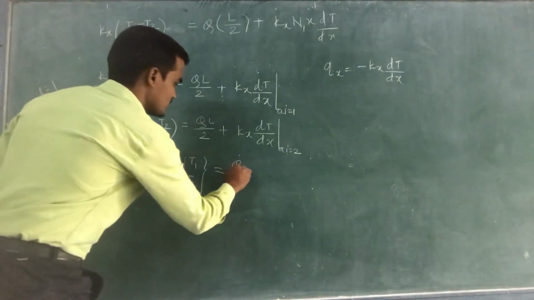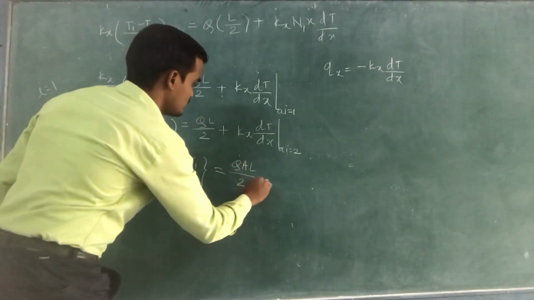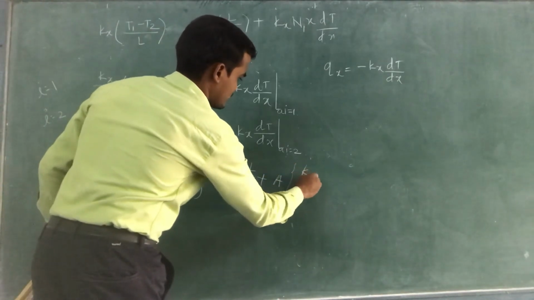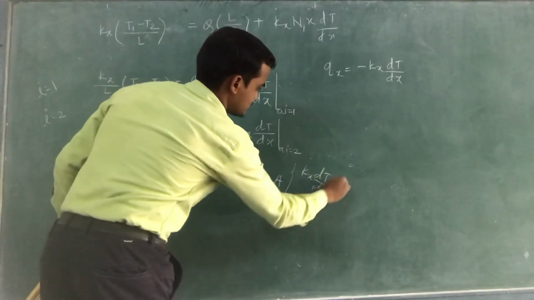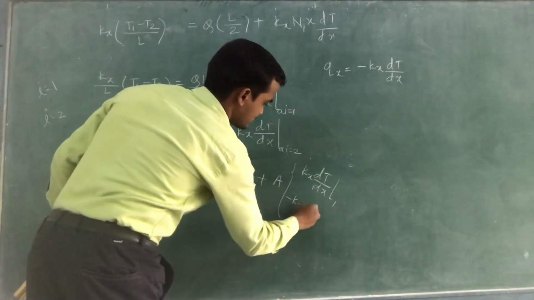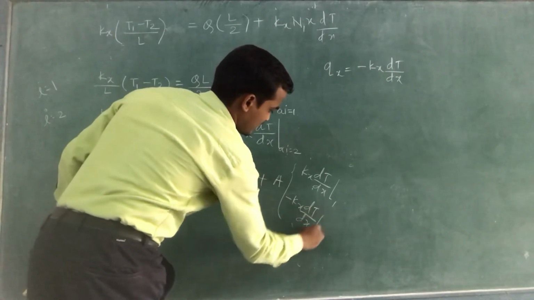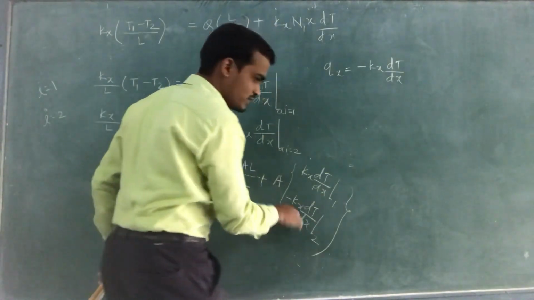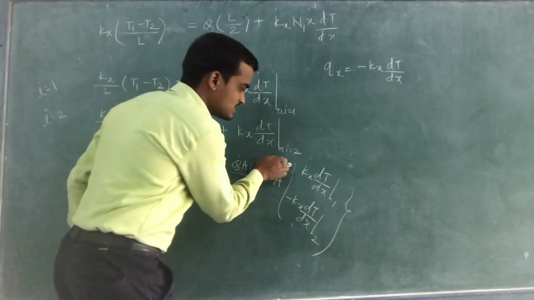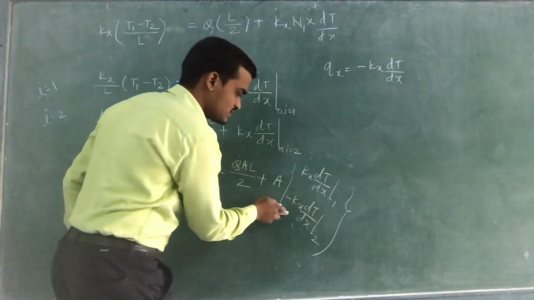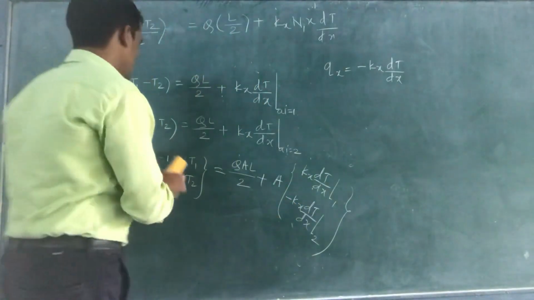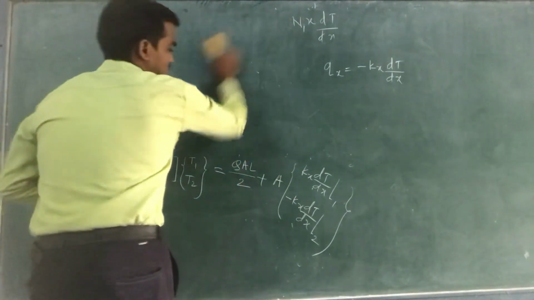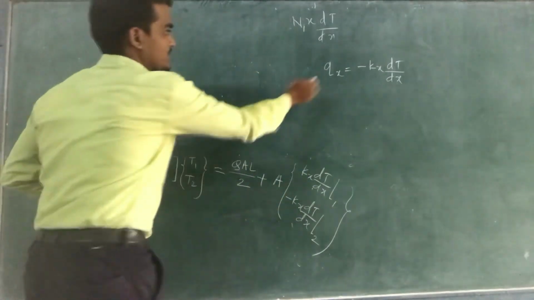is equal to QAL divided by 2 plus area times kx dt by dx at 1 and minus kx dt by dx at 2, because this is going inside the element and this is going outside the element. That's why heat flux in is taken as positive and heat flux out is taken as negative. Instead of kx into dt by dx, you can write qx.